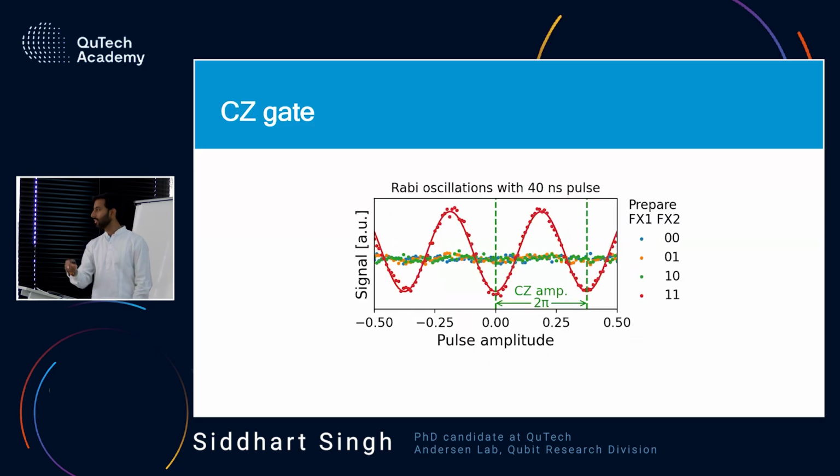This is a nice Rabi oscillation if you can drive exactly at that frequency. So on the y-axis is the signal to see the Rabi oscillation, and the pulse amplitude on the x-axis. And you see for a 40 nanosecond pulse, you only see a Rabi for the 1-1 state and not for the other states if you pick the right frequency.